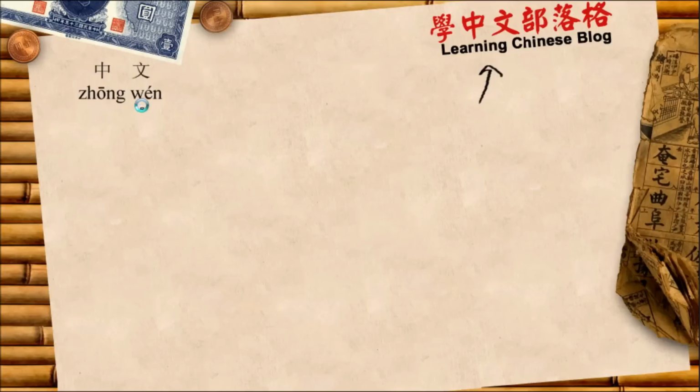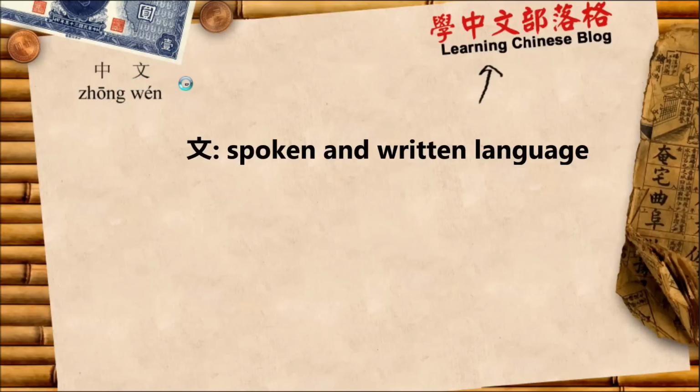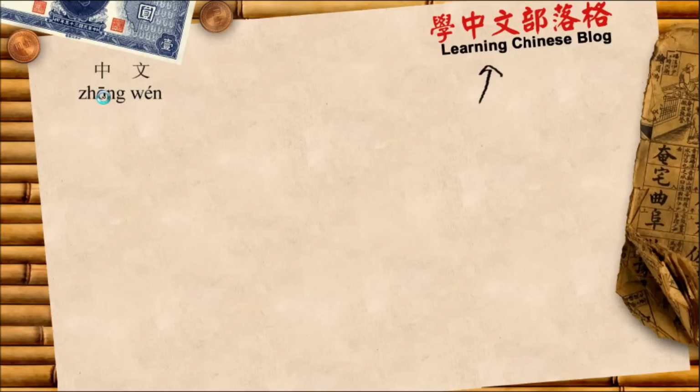And what does the Zhong mean? It means middle. That's like the old middle kingdom of China. And Wen is the spoken or written language. So this is like a short form for the middle kingdom's language.